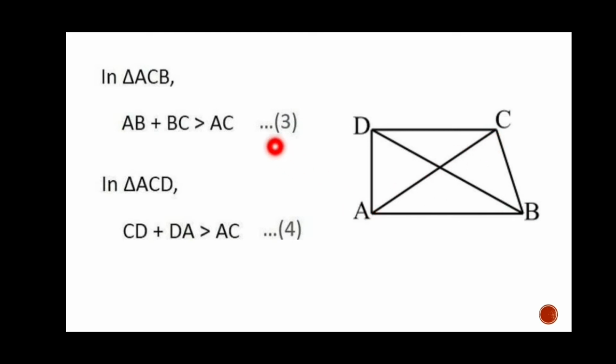This is equation 3. And in triangle ACD, this triangle, AD plus CD is greater than AC. So here we have got the diagonal AC. Now in the proof also we have to get the diagonal on one side. That's why we are taking the triangles this way.